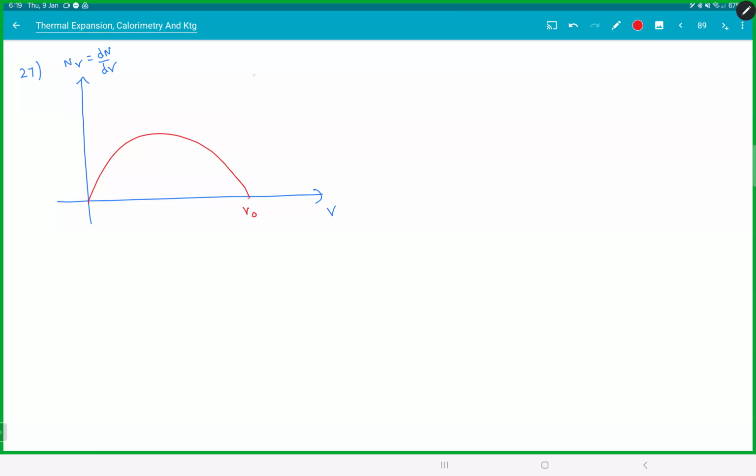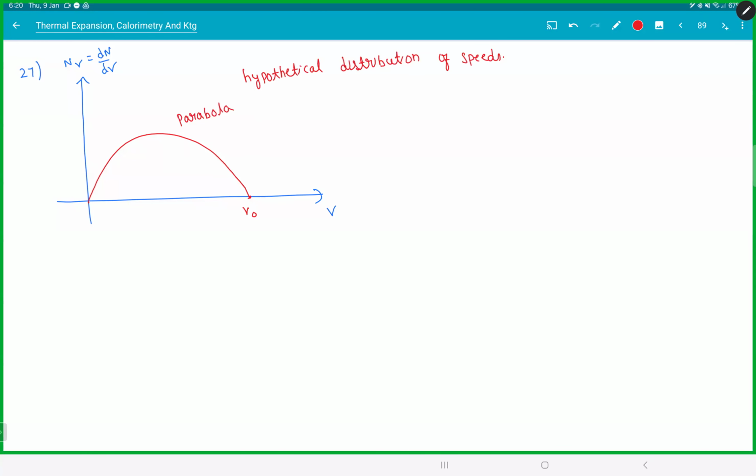This is a parabola. So this is a hypothetical distribution of speeds. This is a given, it is a parabola. And the maximum speed is V naught.